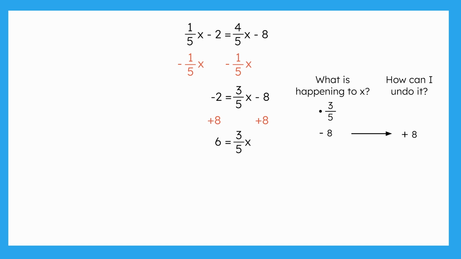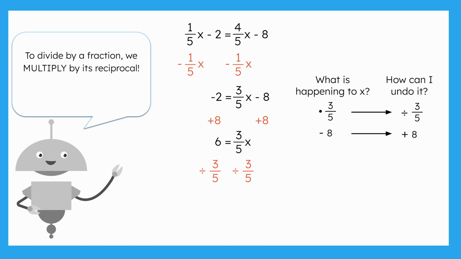Okay, now to undo this multiplication, we need to use division. But how do we divide by a fraction? Oh, that's right! To divide by a fraction, we can multiply by its reciprocal. The reciprocal of a number is just the number you get from flipping the numerator with the denominator.